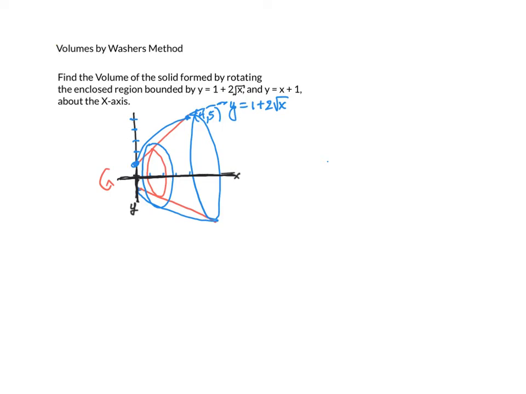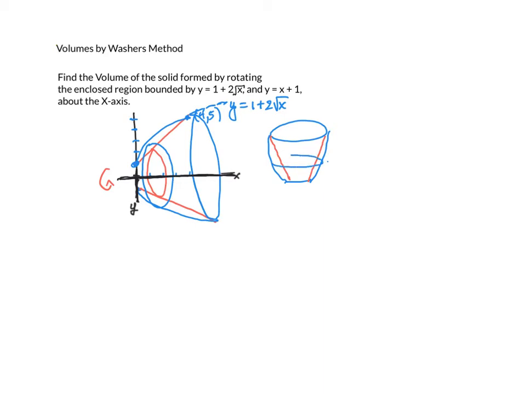So first I started with a solid piece of wood in the shape of a bowl, and it looks like this. And then I carve a cone and I remove it from this block of wood. So my solid looks like this.